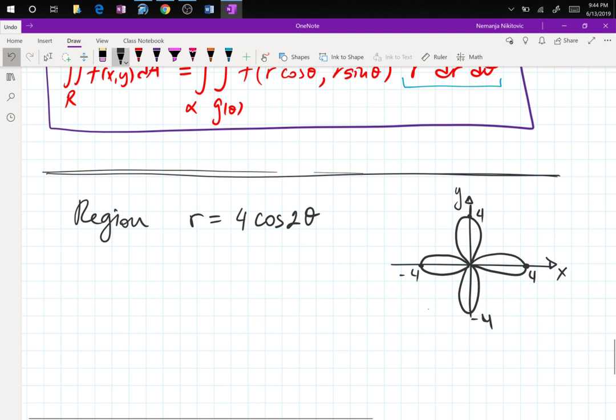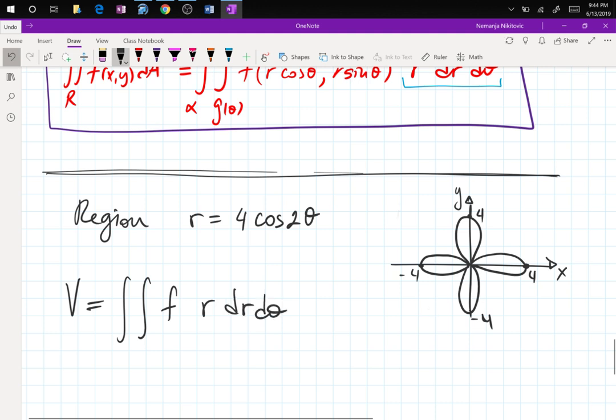And I want to set up the integral for volume now. That's going to be a double integral. Whatever the function is for the top of the cookie, I'm just going to keep it as f. And then I'm going to have r dr d theta.